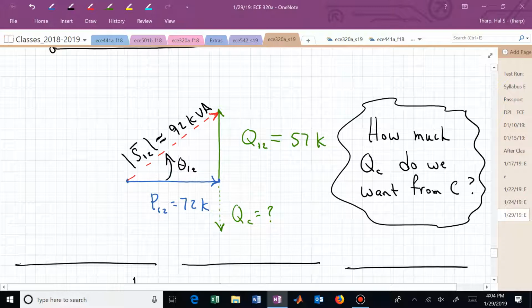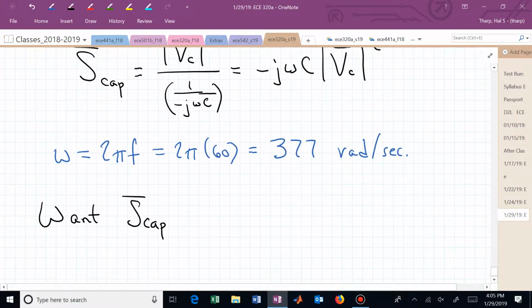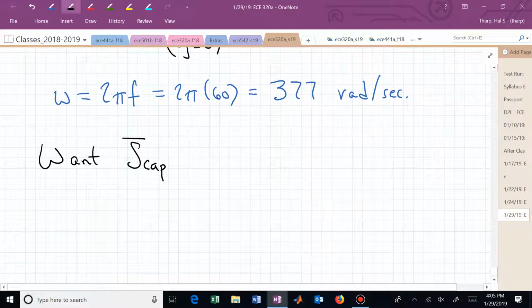Ideally, we would want it to exactly cancel the inductive component, so we would want it to be just as long in the negative direction as it is in the positive direction. We would like Q sub c to be minus 57. So in this case, we want our complex power to be minus j 57k.